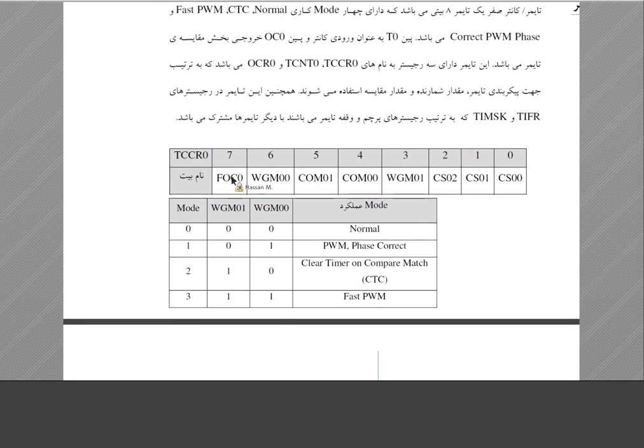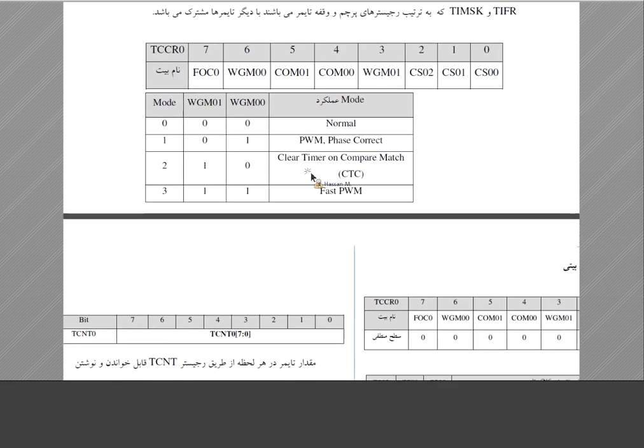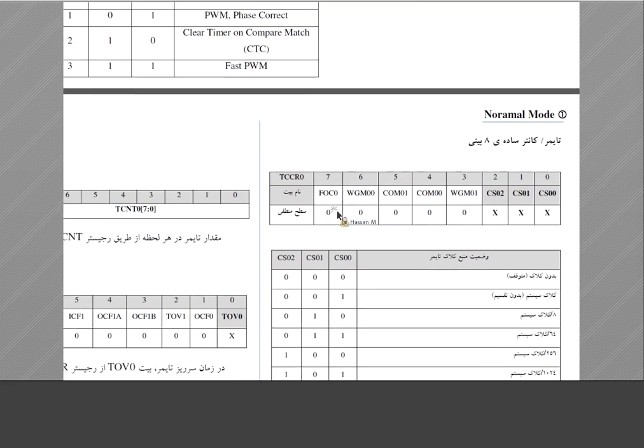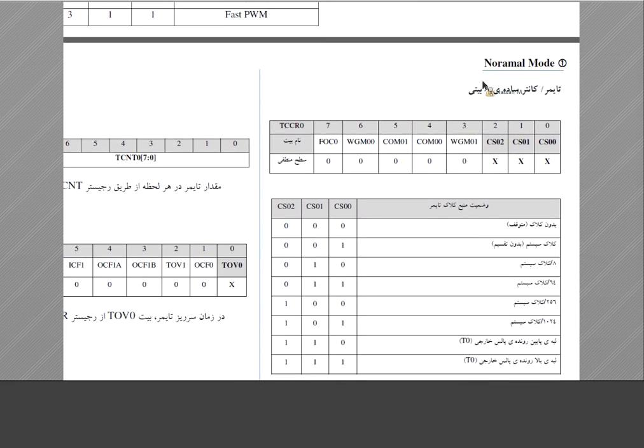And this bit FOC means force output compare bit. We have 3 bits: OC0, OC1 and OC2, one for each of these timers: timer 0, timer 1 and timer 2. For timer 1 we have 2 outputs, OCA and OCB. We will see later.